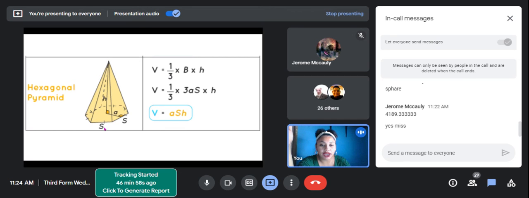It has H, A, and S. Guide yourself with this one and with the diagram of the other one. Tomorrow when we meet for class, this is going to be our introductory activity. We're going to review the answers and move to surface area because most of the word problems are surface area. These are the only two questions that talk about volume. Does everybody understand what you have to do?